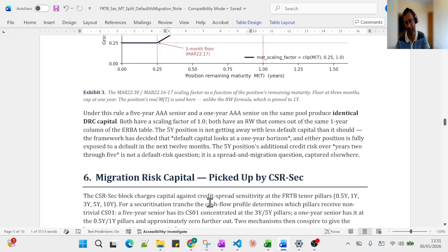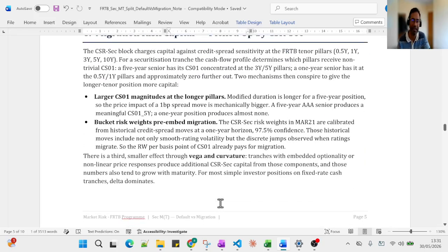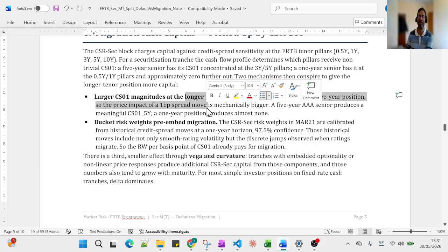Okay, the text for a default risk charge. Okay, and now it explains why a longer duration tranche attracts a higher risk charge in the sensitivities based method. Okay, the risk is higher, right?